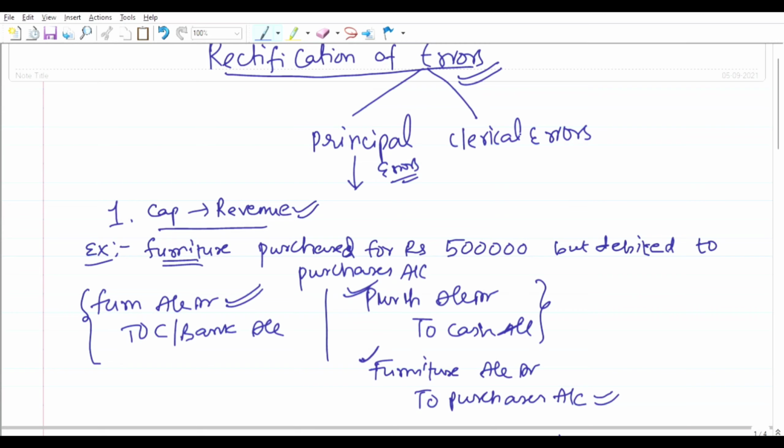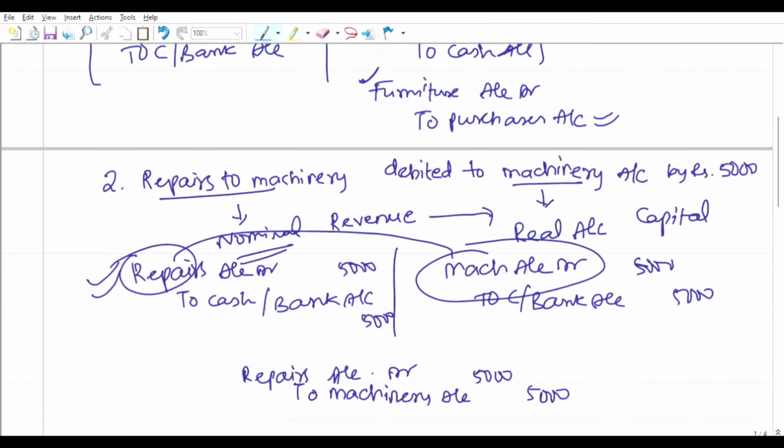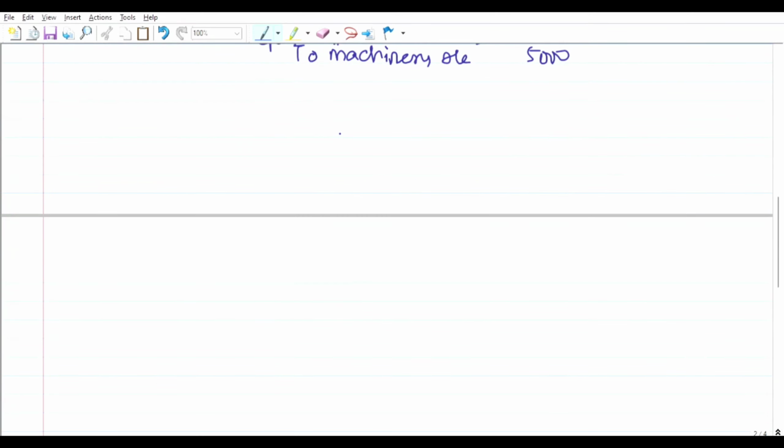We are going to discuss clerical errors in detail. But if any accountant has committed a principal error, then he will not be treated as a good practicing chartered accountant, because principal errors are not to be committed, right?